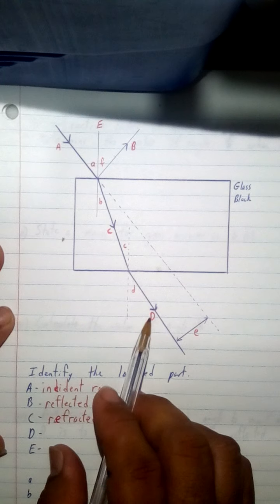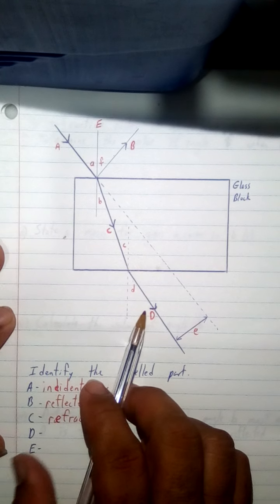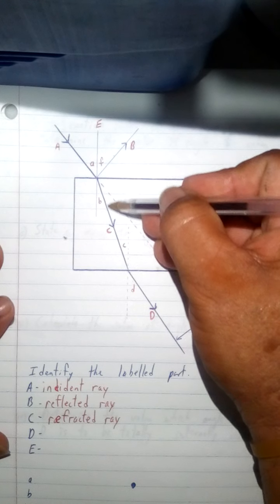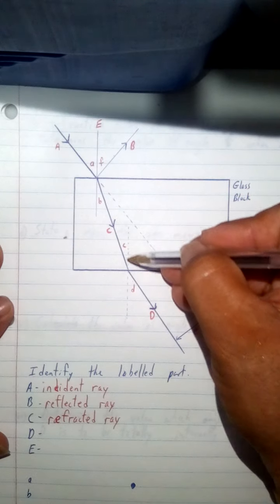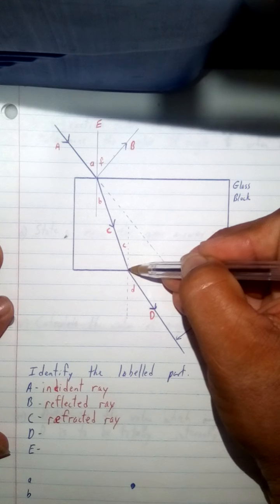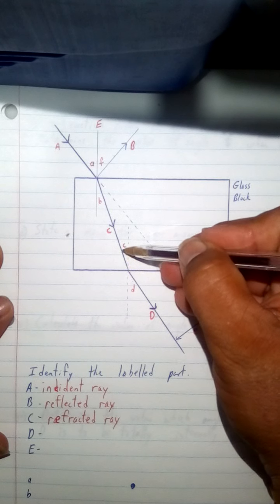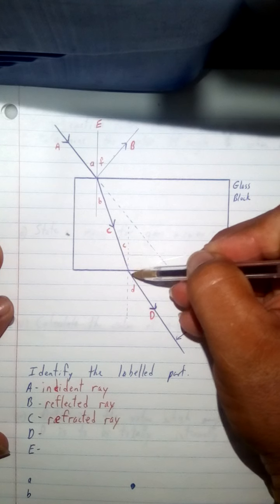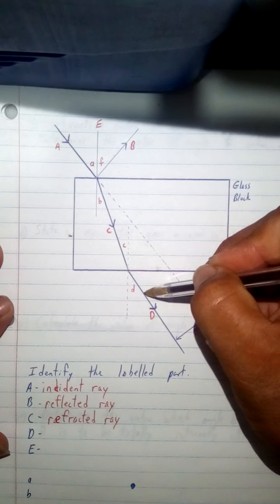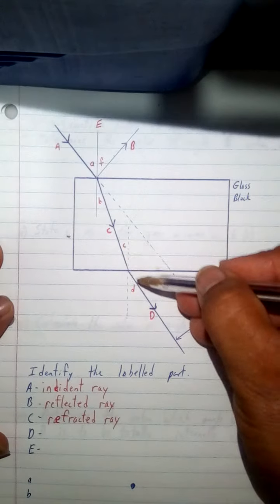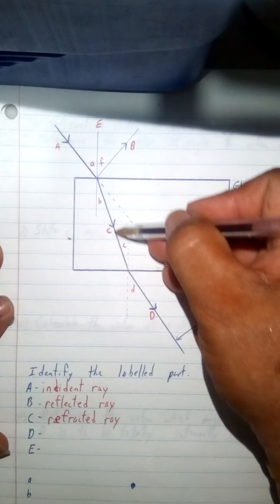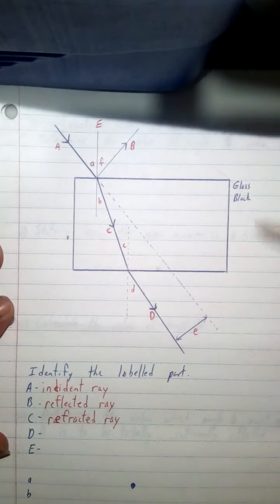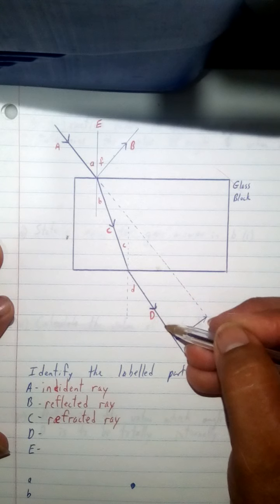D, now I want you to take note of this. This is now the refracted ray, but this refracted ray becomes incident at this point. If this becomes incident at this point, then we can call this also the incident ray, and this then would be the refracted ray. But because we're looking at one diagram, we're going to call this the refracted ray, and since the light ray emerged back into the original medium, we're going to call this emergent ray.